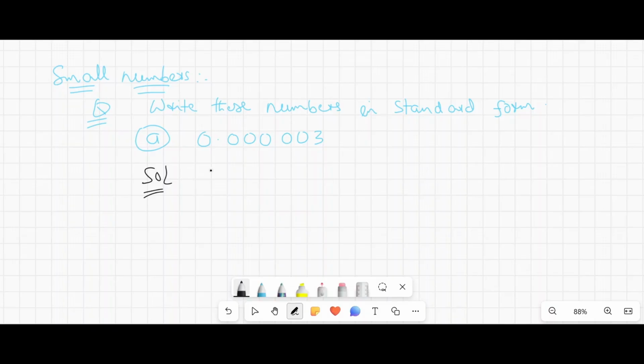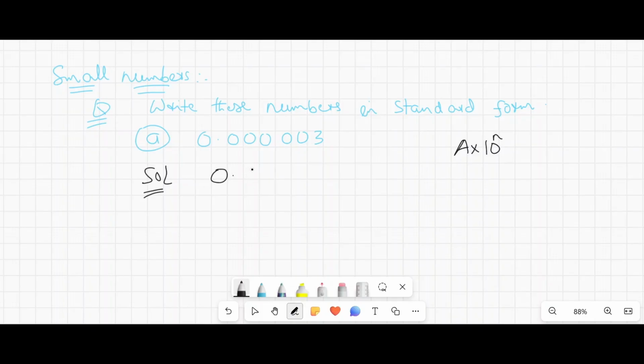So how we will convert this is in an easy way. When you move our decimal towards the right side, the power n in a into 10 raised to power n will become negative. Why? It's like this.